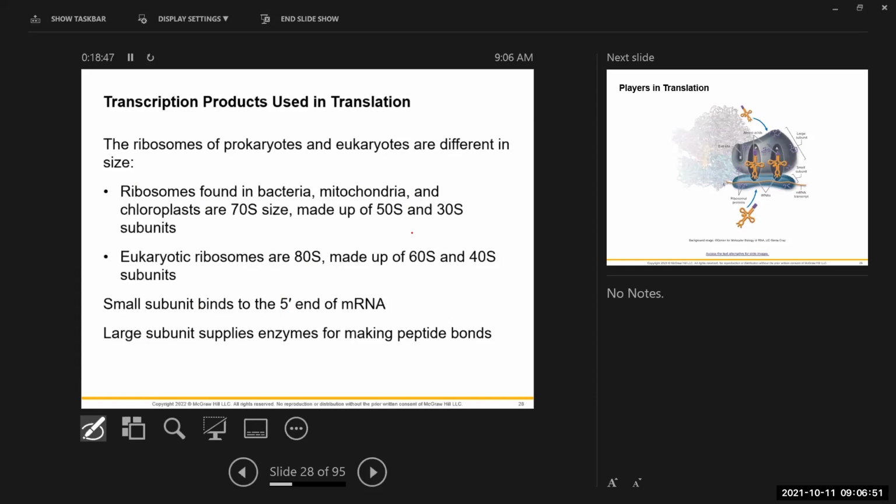S stands for Svedberg. What's a Svedberg? Svedberg is how fast you descend in a centrifugal field. There's two things that influence how fast you descend in a centrifugal field: size and shape.